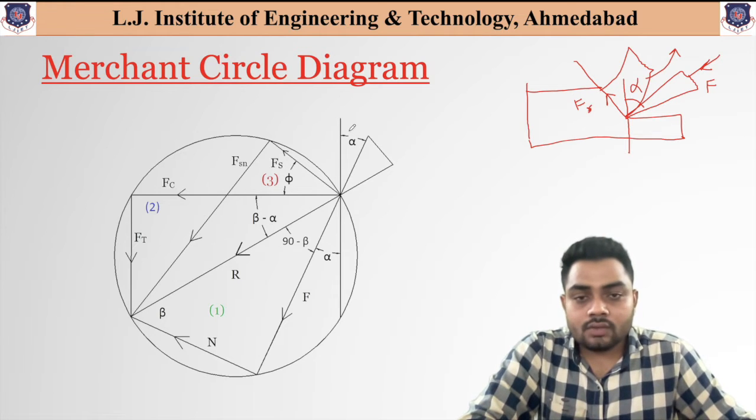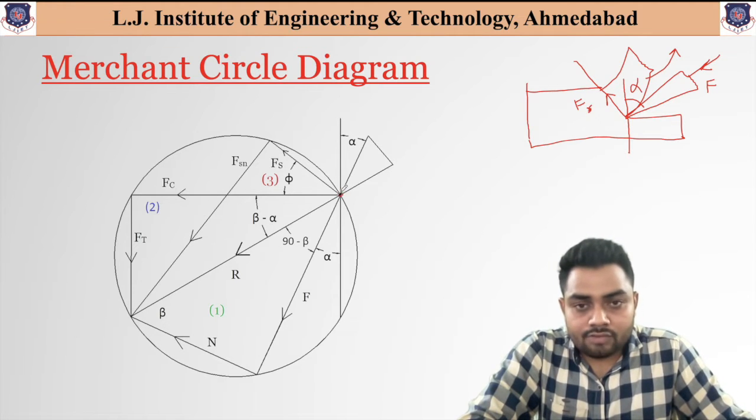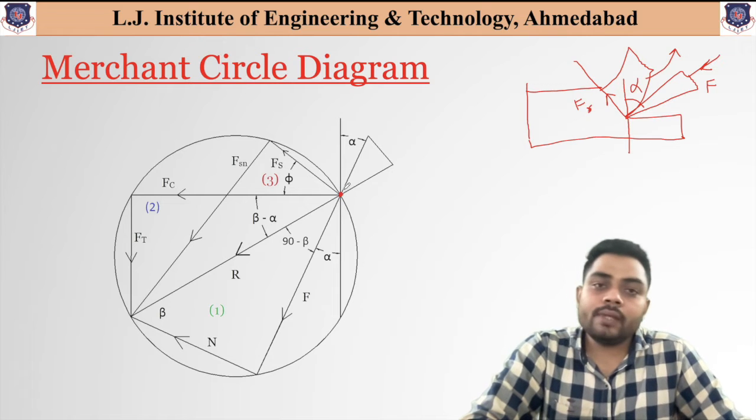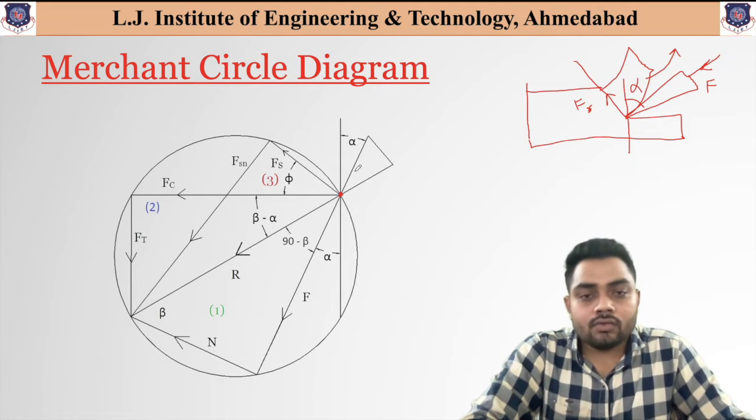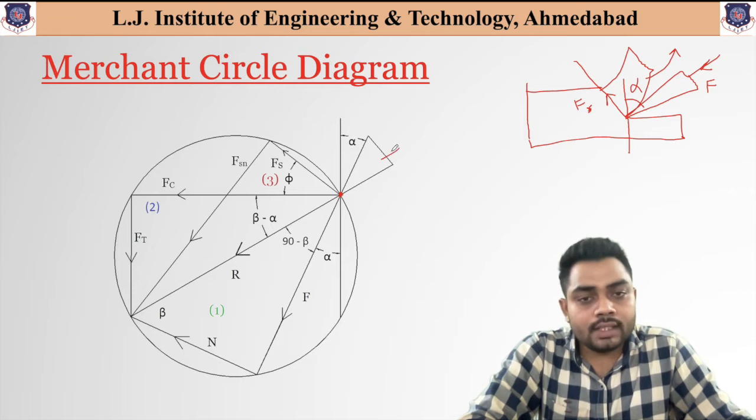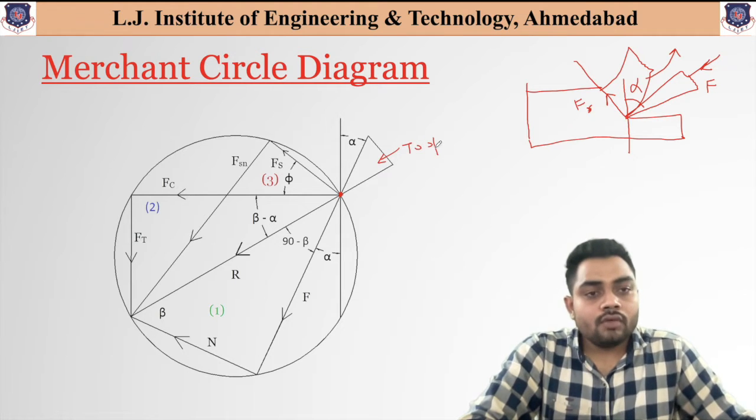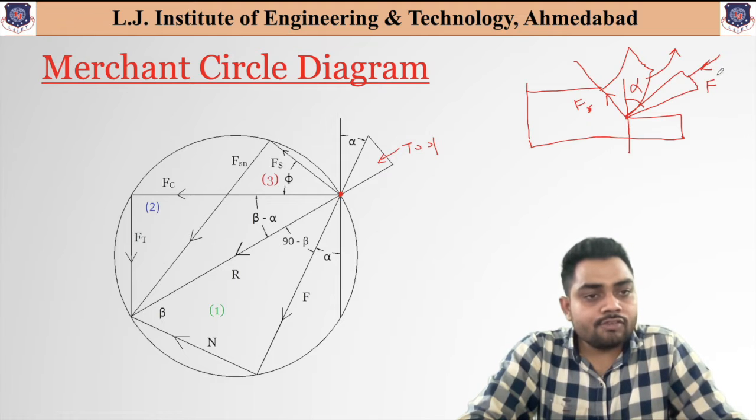So as you can see over here, first start from any particular point, and now when you put the tool over here, we know that first the frictional force is acting in the downward direction.